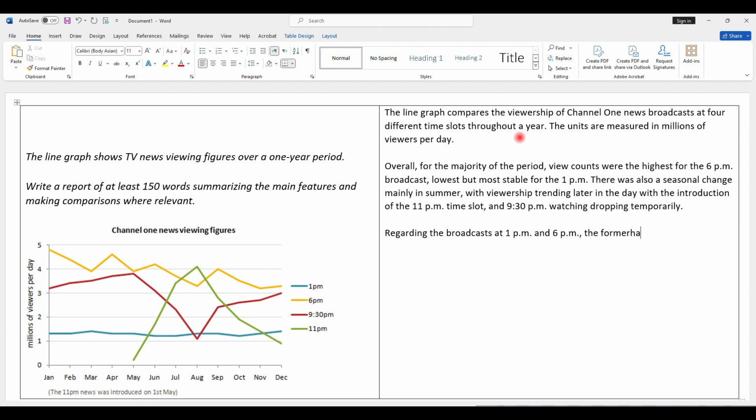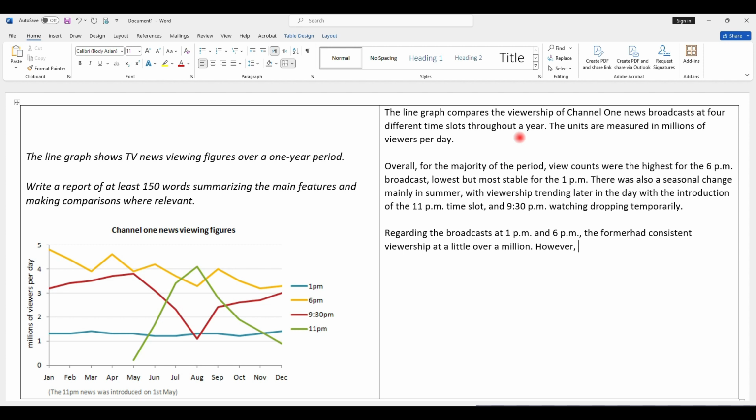The former had consistent viewership at a little over a million.